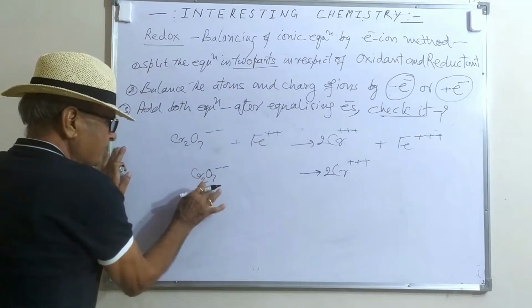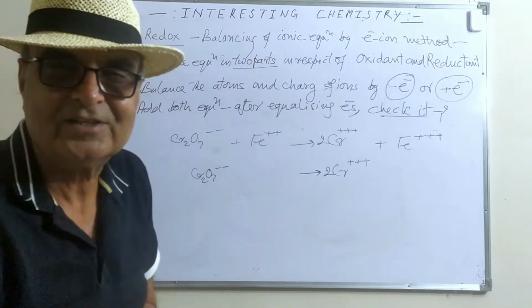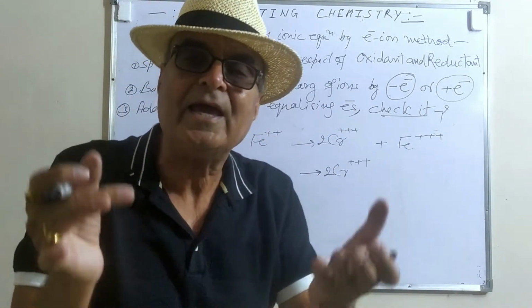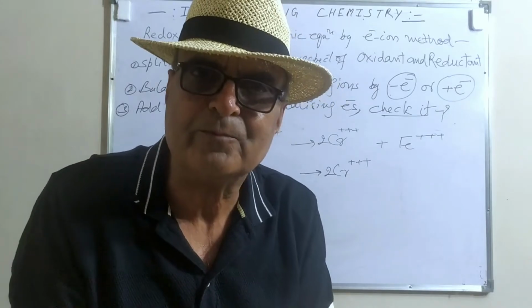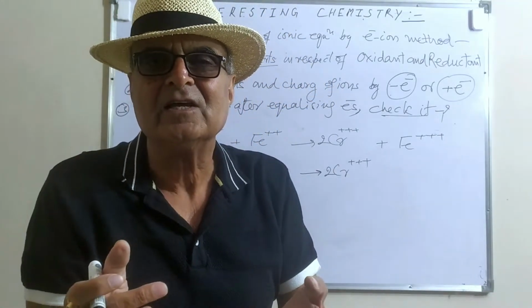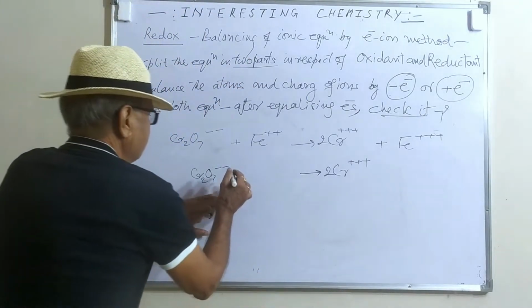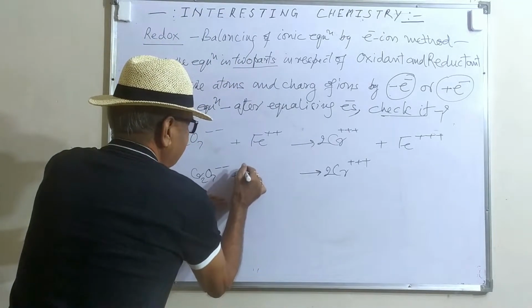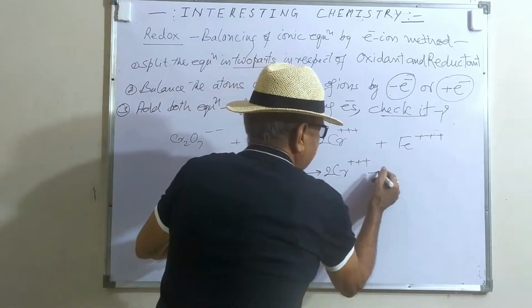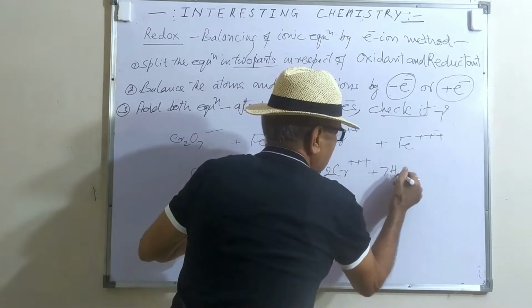Now balance the oxygen. How will you balance the oxygen? The reaction is going on in an acidic medium, so you can easily add 14H positive on the left, and right here 7H2O.